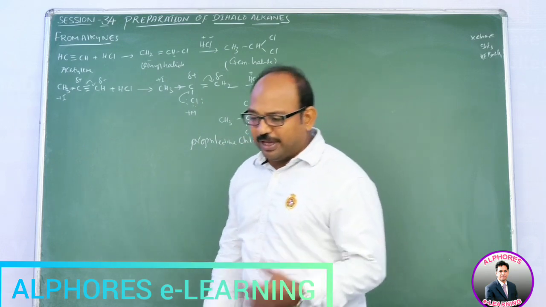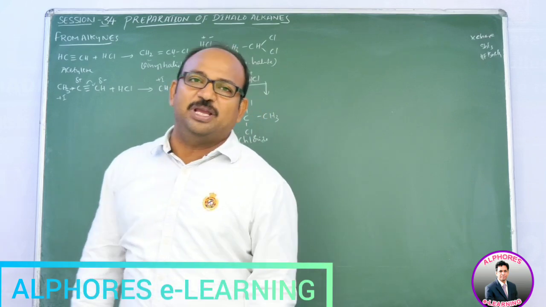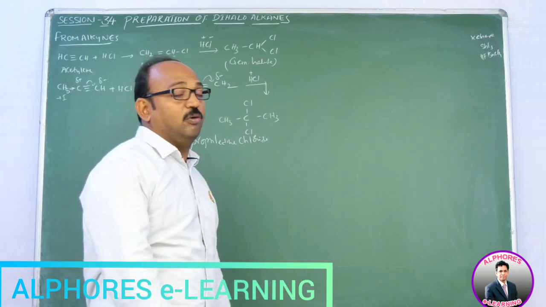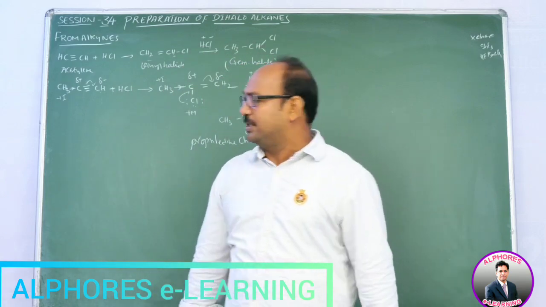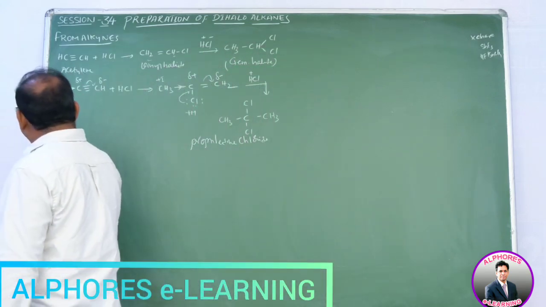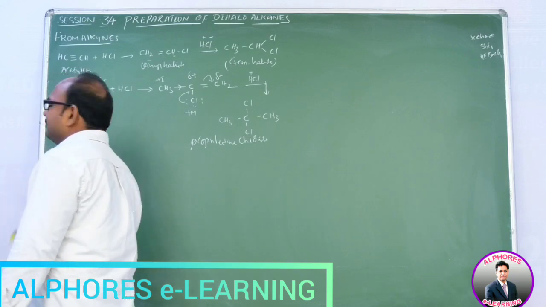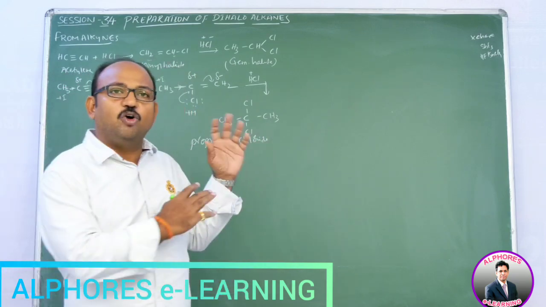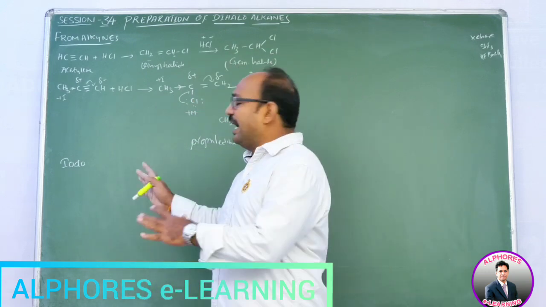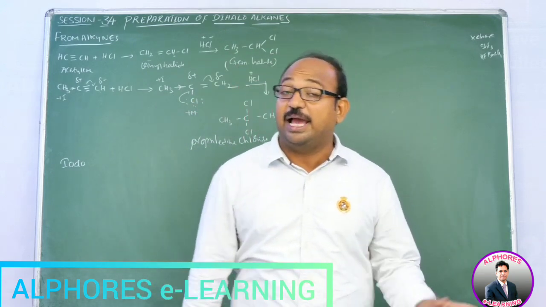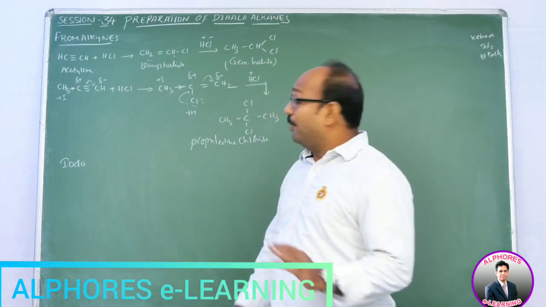But if you want to prepare fluoro and iodo compounds, shall we use this method only? No, this method is not applicable. So how do you prepare iodoalkanes? Here I want to prepare iodine derivatives, diiodoalkanes.